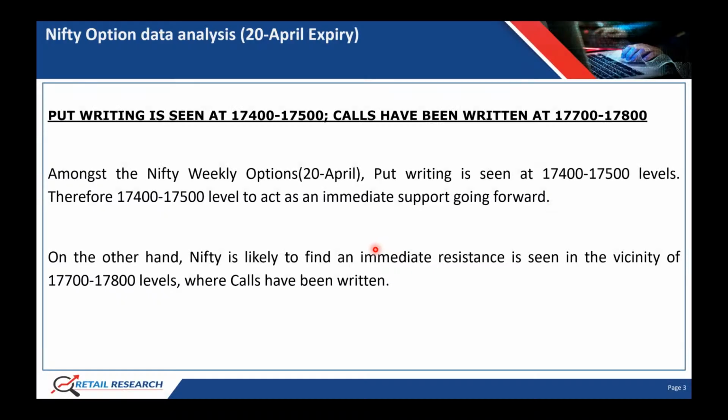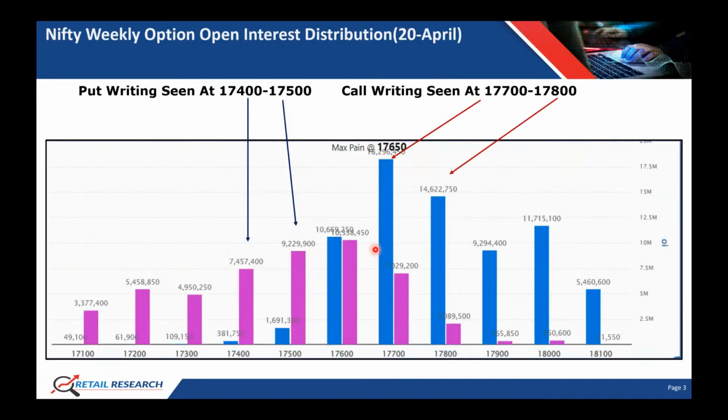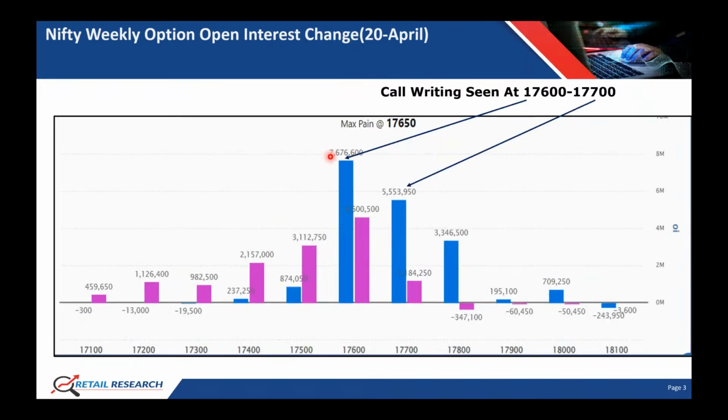So the question is regarding the Nifty levels, right? For tomorrow, as I've shown in this chart, 17,600 and 17,700 are the key hurdles. We don't expect the market to go beyond this level, around 17,650 odd levels.